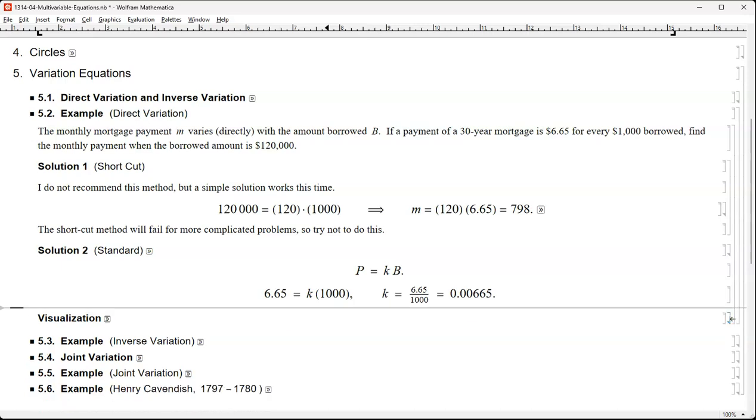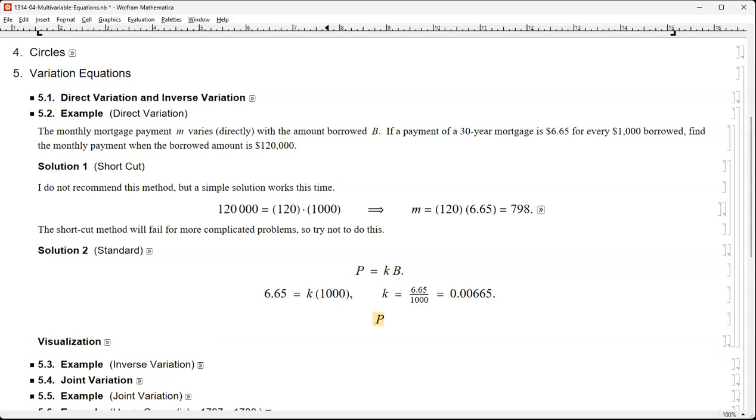So okay, all right, we found this proportional constant. Therefore, this variation equation, as a matter of fact, can be completed like this, because we found the k value. It is 0.00665. Now that we found the proportional equation completely, or variation equation completely, let's answer the question.